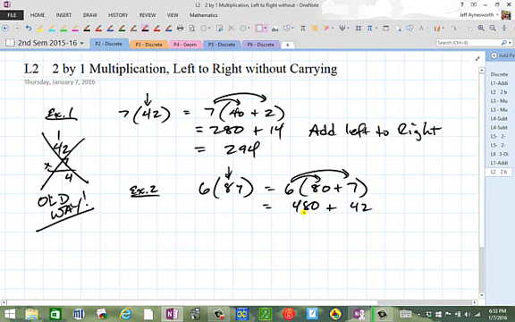Now we got 480 plus 42, we're over 500 now. And since I know that 80 plus 40 is 120, I know I'm at 520 plus the 2 in the units digit right there, 522. Okay?